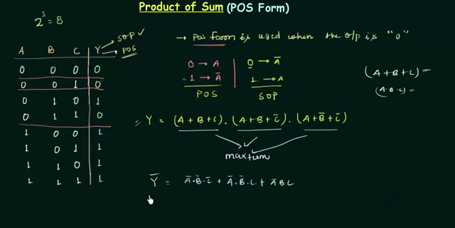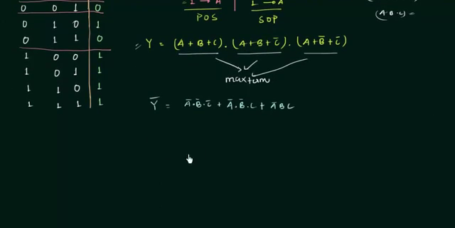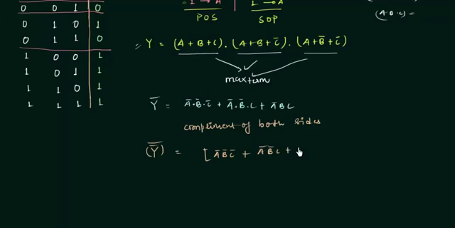Now I want the left hand side as the output Y, not Y complement. I want it as Y. So what I can do is take the complement of both sides, the right hand side and the left hand side. So taking the complement of both sides, let's see what we have. Y complement, and then again its complement, we have A complement, B complement, C complement, or A complement, B complement, C, or A complement, B, C, and I will take the complement of the whole right hand side.